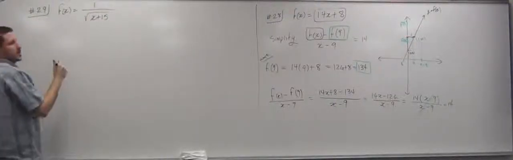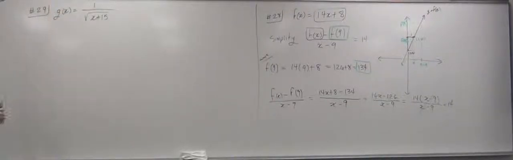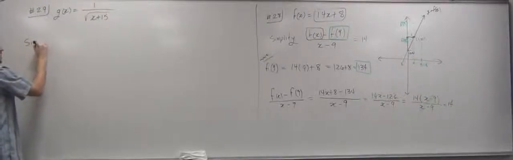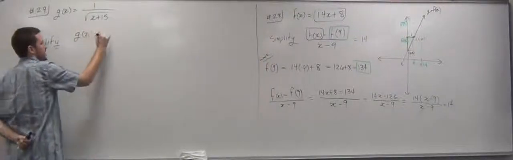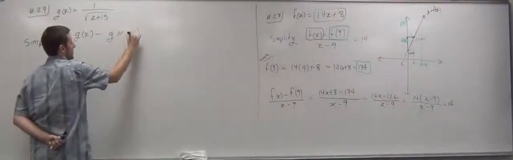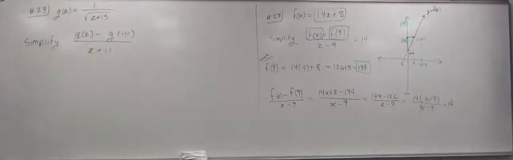And they called it g this time, huh? So let me call this g instead to be consistent. And then what we want to simplify or evaluate is g of x minus g of negative 11 over x plus 11. So this is our quantity.